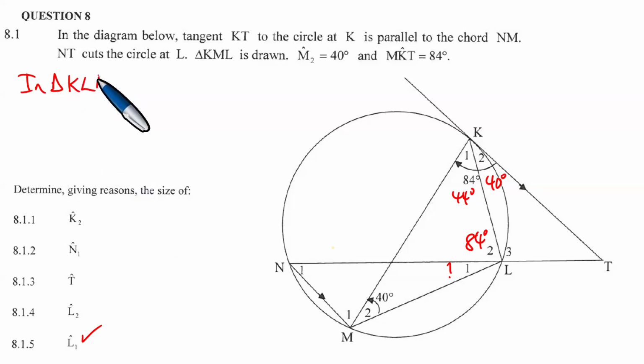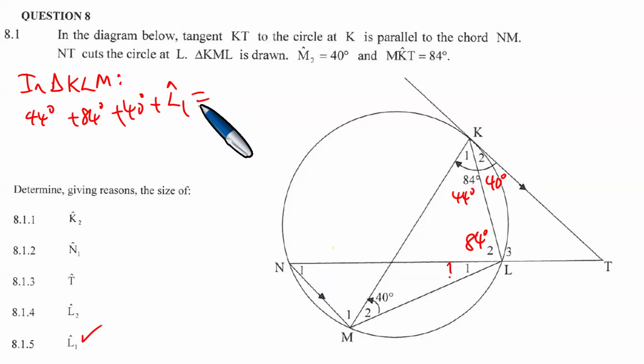But now we can just choose to work in triangle KLM: we take 44 degrees, add 84 degrees, add 40 degrees, then add L1, and it's 180 degrees.